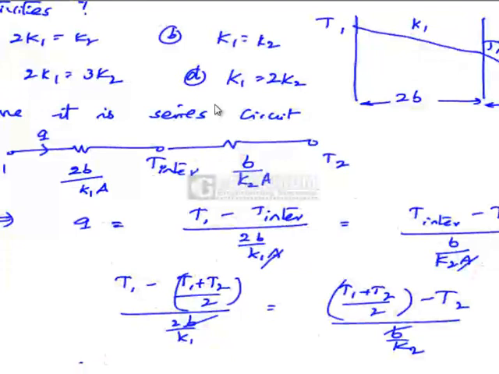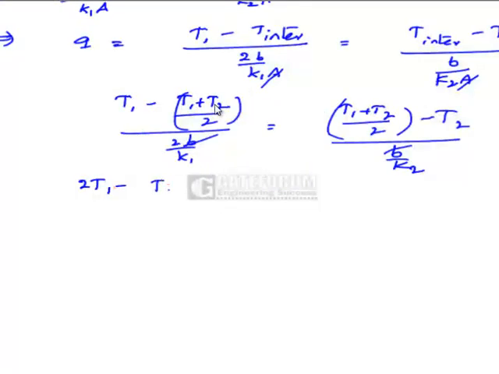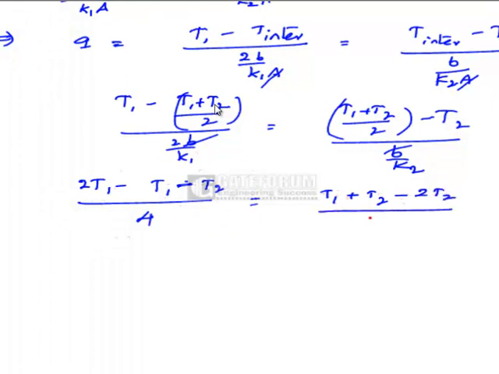It results in (2T1 minus T1 minus T2) divided by 4 is equal to (T1 plus T2 minus 2T2) by 4 by K1, divided by 1 by 2 by K2.